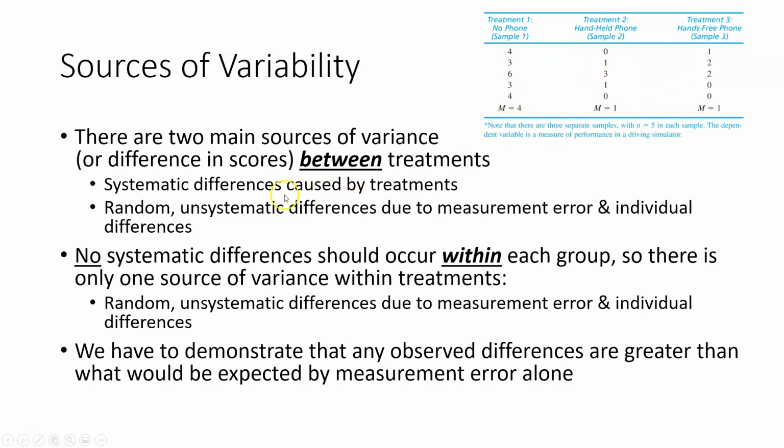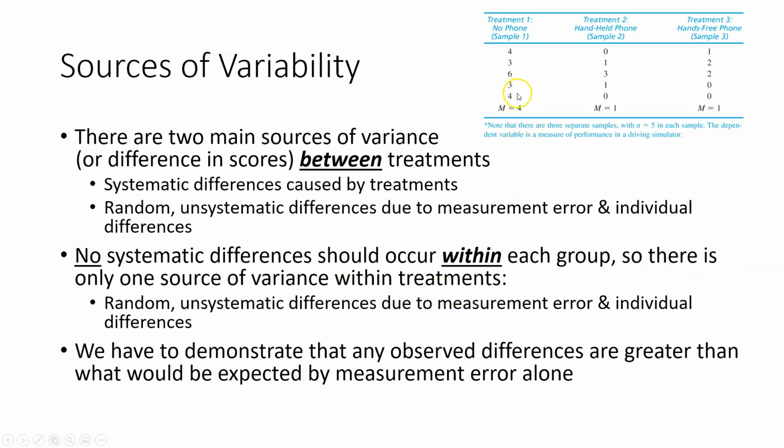But we also see that some of the differences are due to these systematic differences that are caused by some people not using a phone, some people using a handheld phone, and some people using a hands-free phone. There are no systematic differences within each group, at least if you've designed your experiment well, you hope there aren't any. So there's only one source of variance within treatments.